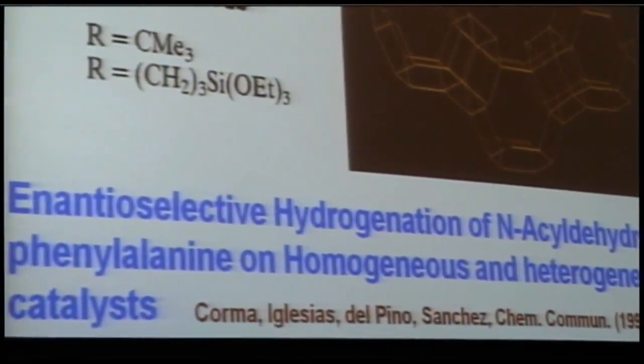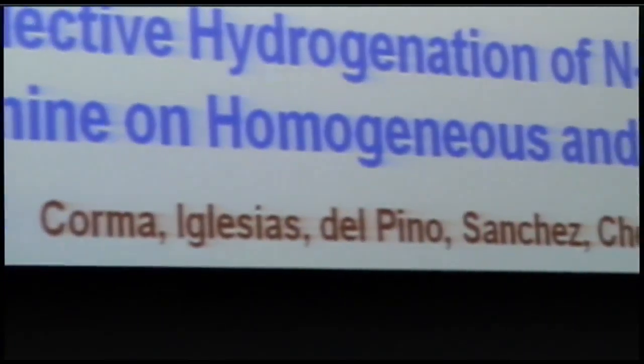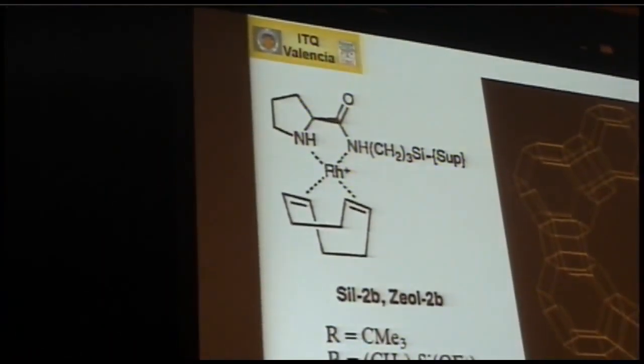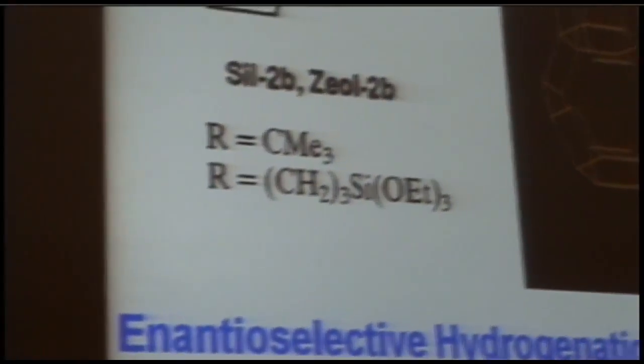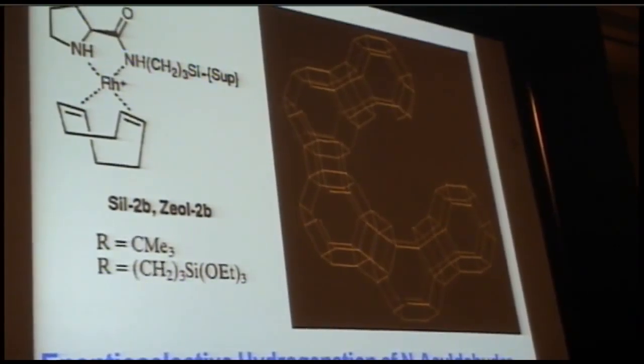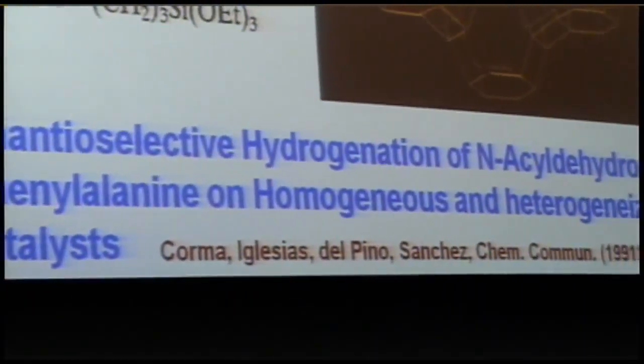Already in 1991, I was concerned about this, and I tried to make supports and to prepare those catalysts in such a way that I could improve what the homogeneous catalyst was giving. And look what I did at that time. We tried to destroy some of the sodalite units in the Y zeolite to generate super micropores there.